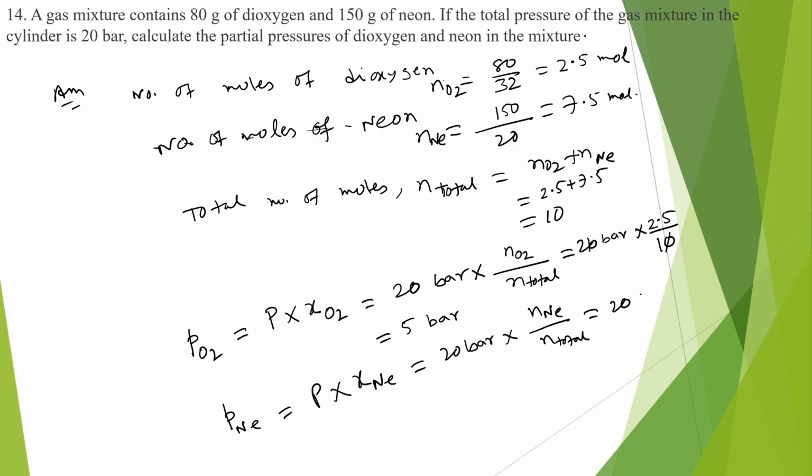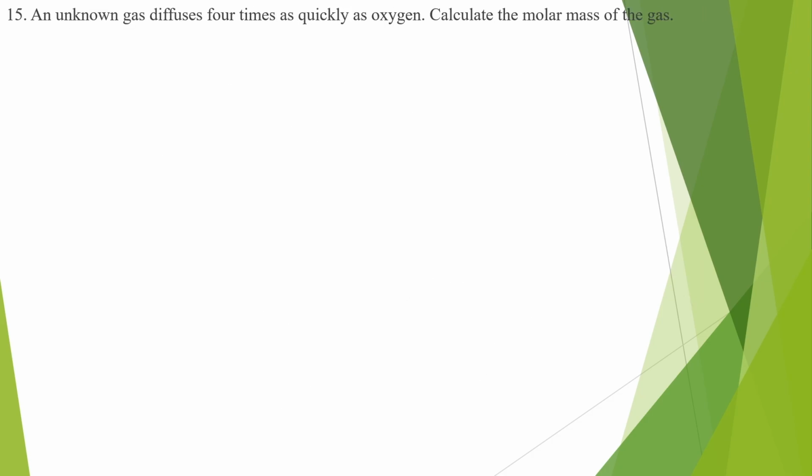So, it gives you 20 bar into 7.5, total number of moles of neon by total number of moles. So, you get 15 bar. So, this problem is related to Dalton's law of partial pressures.